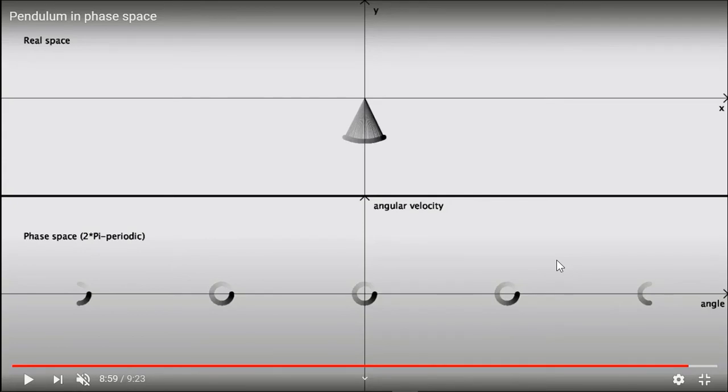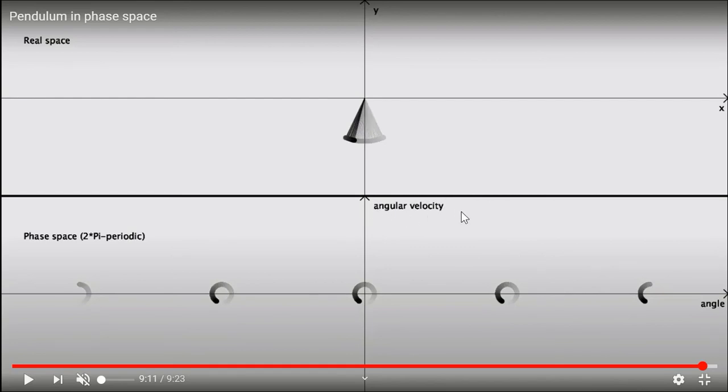Now let us have a look at the phase space of a pendulum in real time. So let's say we released a pendulum from this point, and we want to find out the phase space diagram for this motion. Now, as you can see here, in the horizontal axis we put angle, and in the vertical axis we put angular velocity.